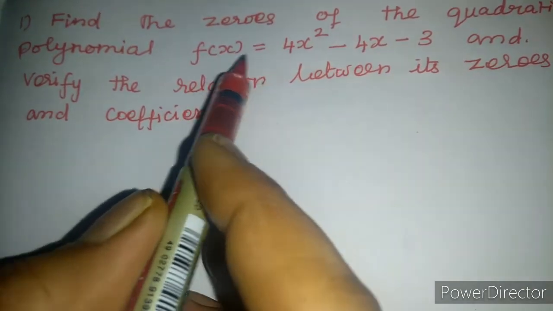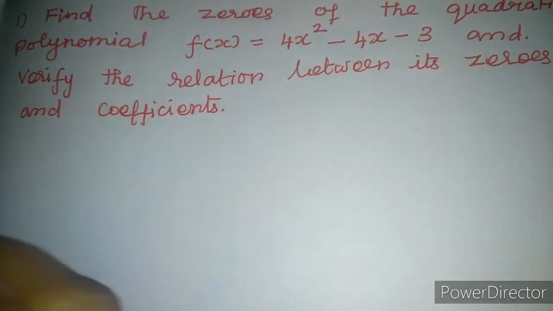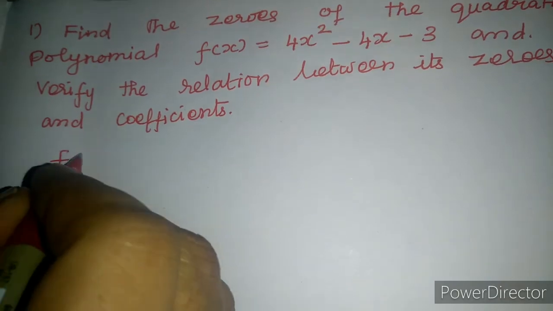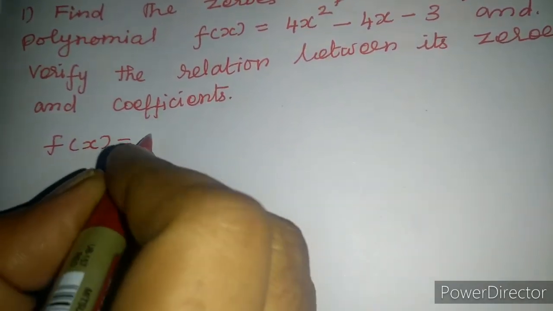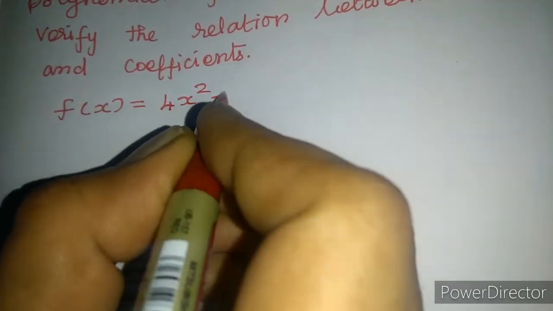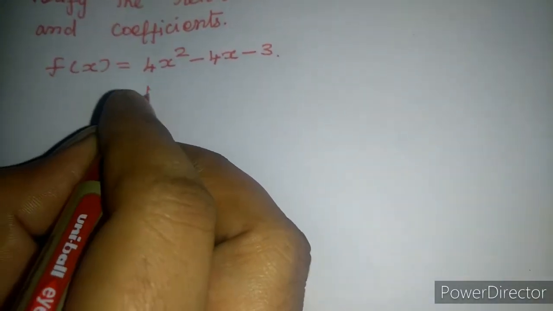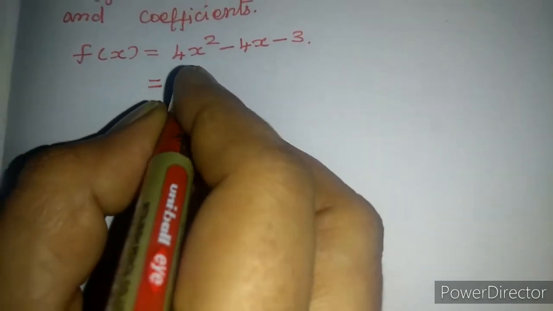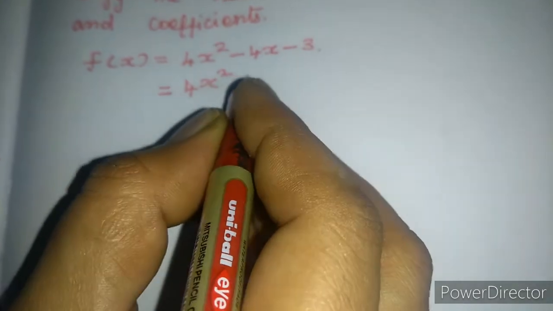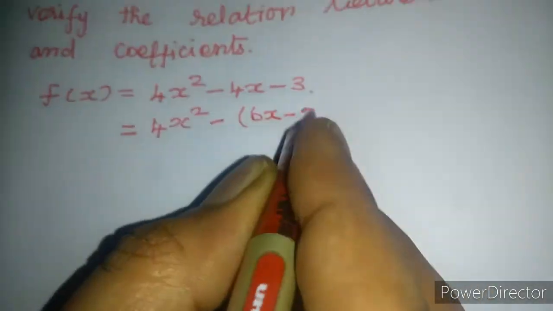So first, to find the zeros of the polynomial. First it is given f of x equal to 4x square minus 4x minus 3. So that is equal to, first we have to factorize. So 4x square, then I'm going to write 4x as 6x minus 2x.